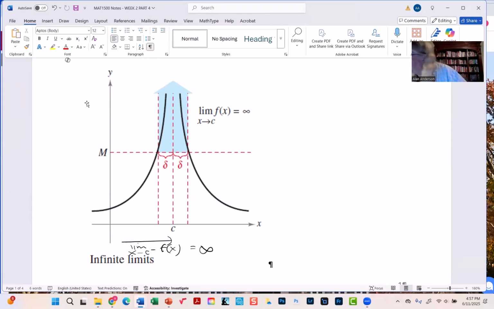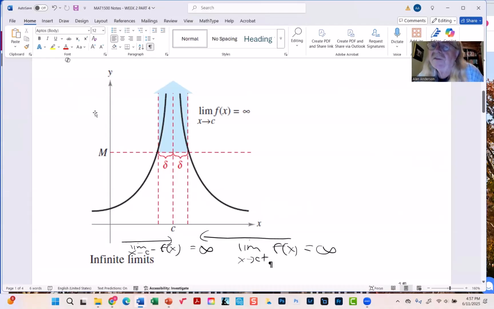And then if we come from the right, it's also increasing without bounds. So in other words, coming from the left or coming from the right, in either case, the limit is infinity.